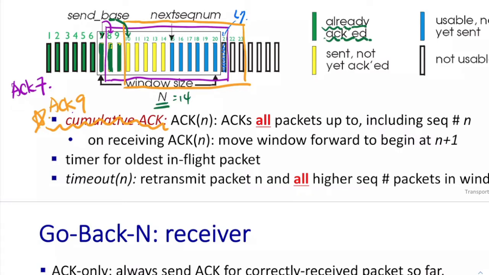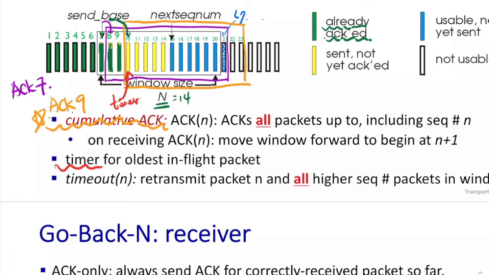Okay. Next one is the timer. Since we know packets might get lost, every time you move the window, you simply set a timer at the oldest in-flight packet.